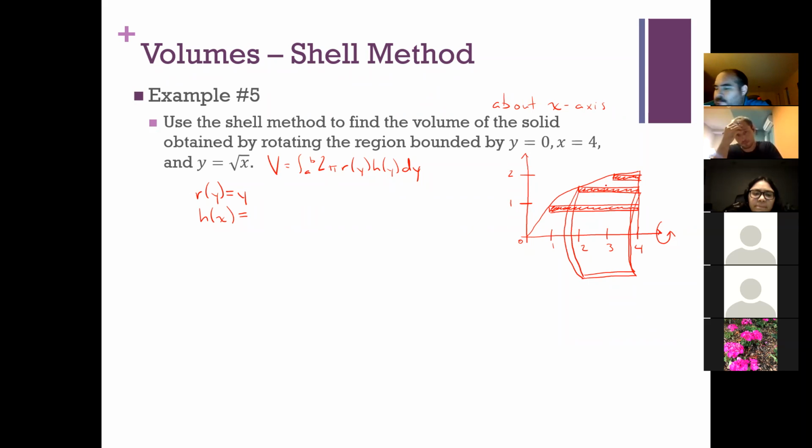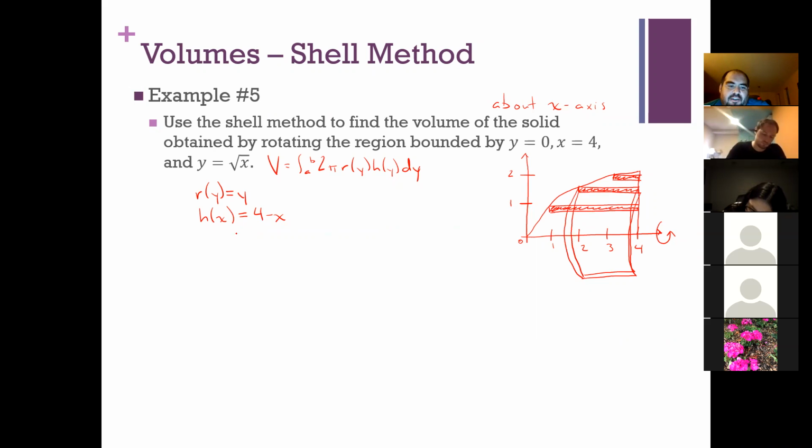Do you have something? Is it 4 minus x? Let's try 4 minus x. Now look at these 3 rectangles I drew. When x is equal to 1, what's the height of this rectangle here? 4 minus x. Yeah, 4 minus 1 is going to be 3. This height's going to be 2. This one's going to be 1. I think 4 minus x is good.